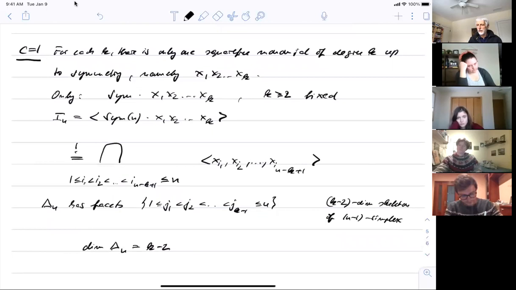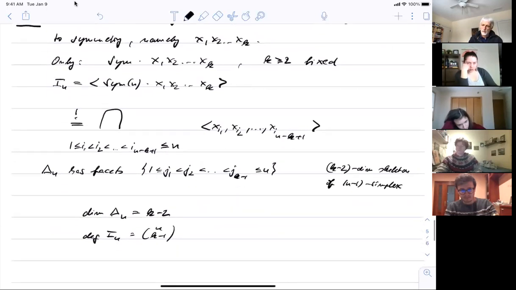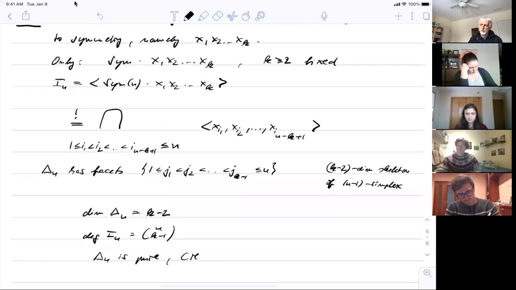What's the degree? We said the degree is the number of facets of maximal dimension. All facets have the same dimension, so we just count them and we see that it's a binomial coefficient, n choose k minus 1. That's the same as saying Delta_n is pure. And it takes more work to show, but all these complexes are also Cohen-Macaulay.